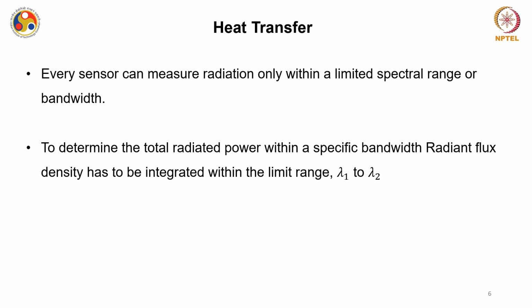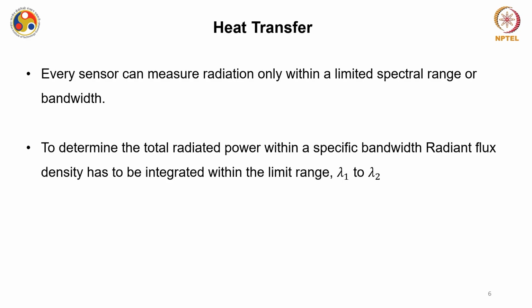To determine the total radiated power within a specific bandwidth, we use the radiant flux density, W with the subscript lambda, which we have discussed in detail in the previous class. So to determine the total radiated power within a specific bandwidth, say from a wavelength lambda 1 to lambda 2, this radiant flux density has to be integrated.